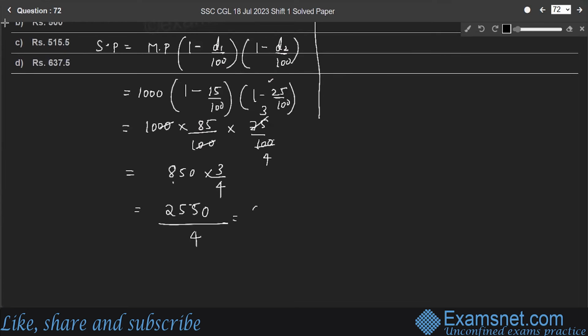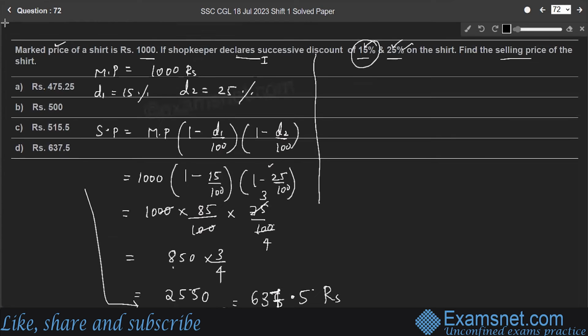So 4 into 6 is 24, 4 into 3 is 12, then 4 into 7 is 28. So 637.5 rupees will be the selling price after giving two successive discounts. So the selling price of the shirt is 637.5 rupees.